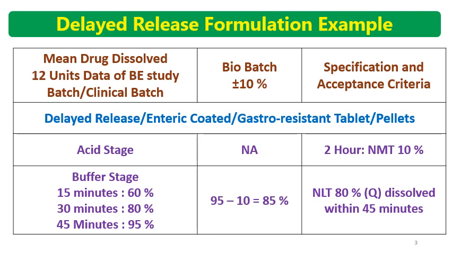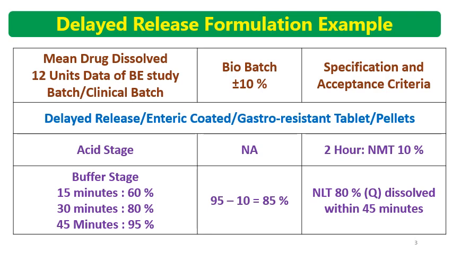Now example 2, I have not included a slide here, but in example 2 consider the delayed release coating is applied to the extended release type of core. In example 1, the delayed release type of coating is applied to the IR core. So whenever delayed release coating is applied, then acid stage specification is required, and that should be not more than 10% in 2 hours or not more than 10% in 1 hour.